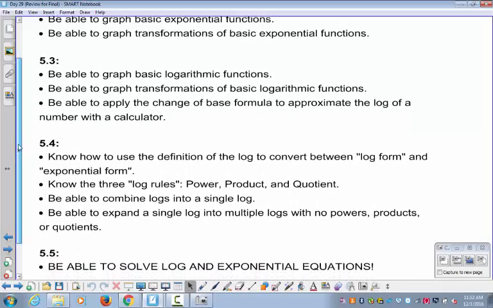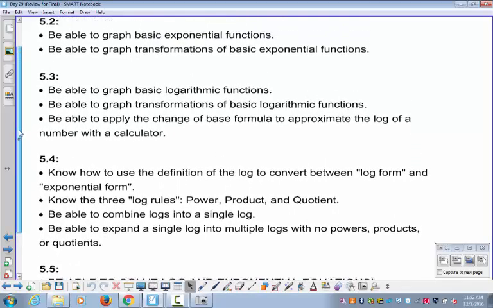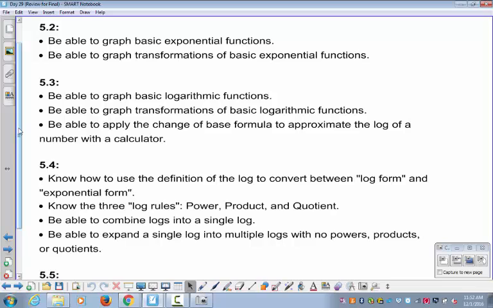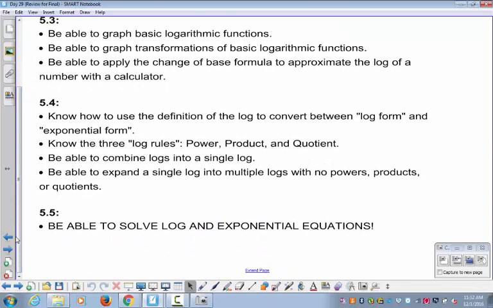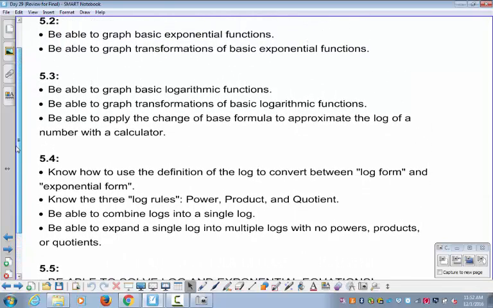Can I get that all on there? Okay. Down there it just says be able to solve equations. All right. And that's going to be super important. As you go into calculus, being able to solve a log equation or an exponential equation, that's really important. So this 5.5, definitely important. Being able to solve equations. Oh, it's in bold. I wonder why.